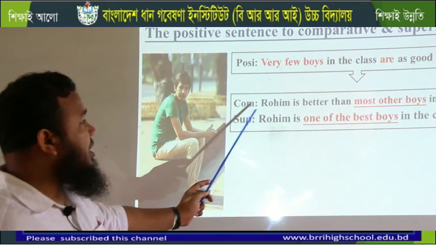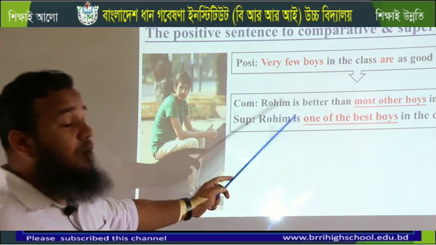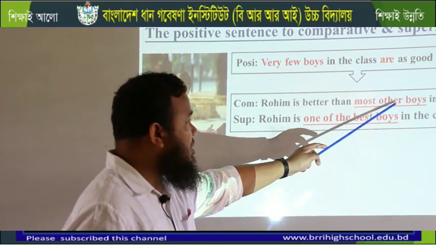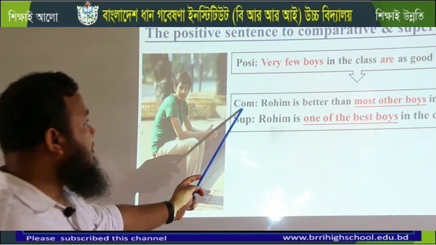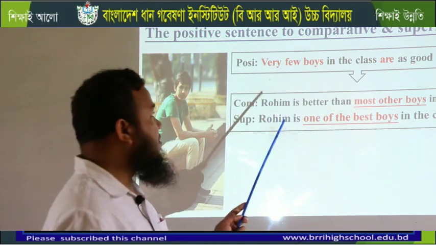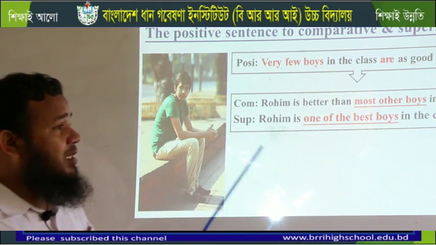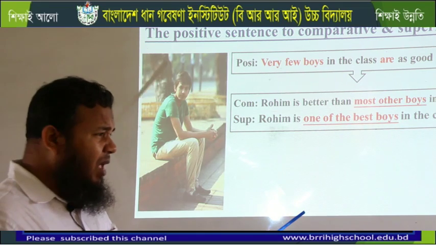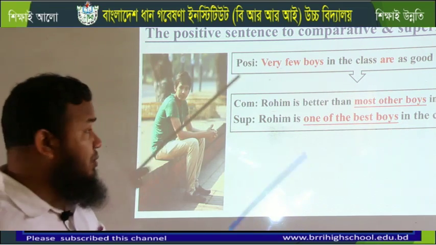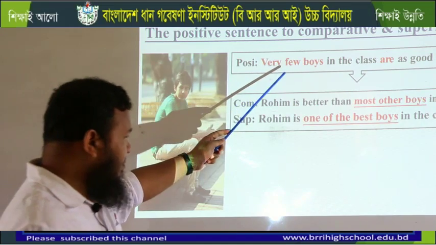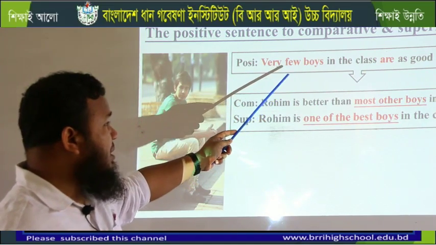And if in the superlative form we have one of the, then we will use most other in the comparative sentence and very few in the positive sentence. That means we have to use these three items in an alternative way.